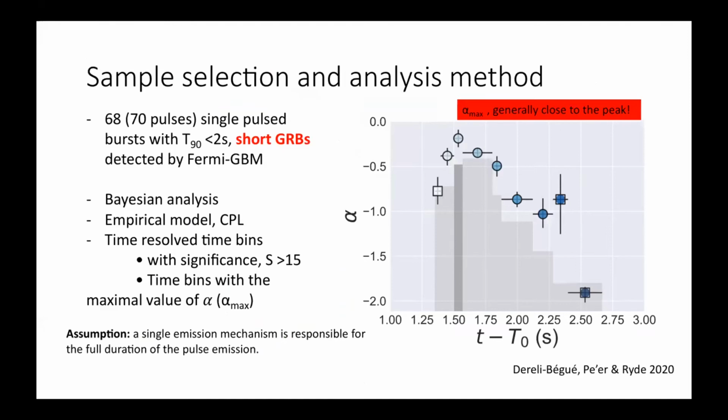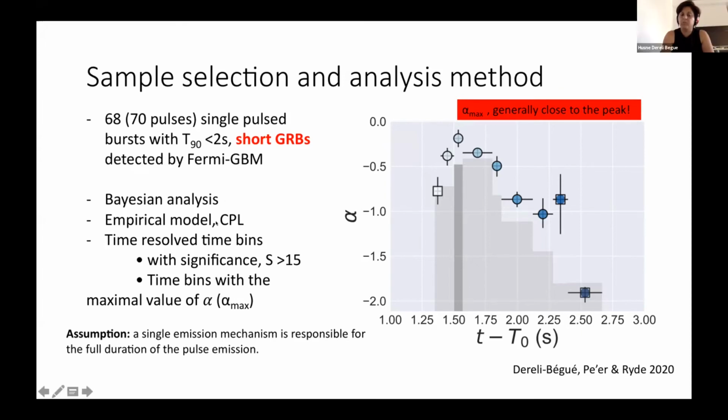Before doing that, I want to say how we select the sources and our analysis method. So we use the single pulse burst sample detected by the Fermi GBM. They are short GRBs. The definition of short GRBs is that T90 is smaller than 2 seconds. We apply the Bayesian analysis.